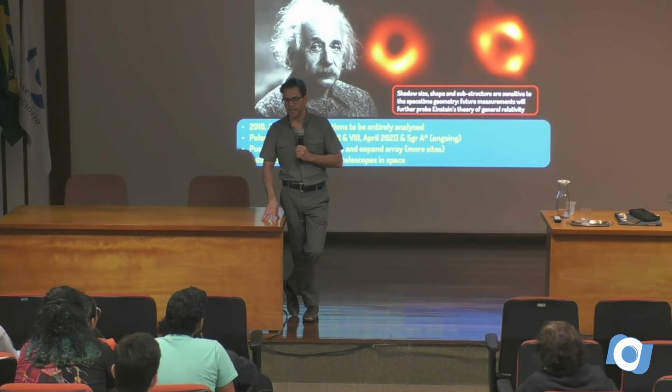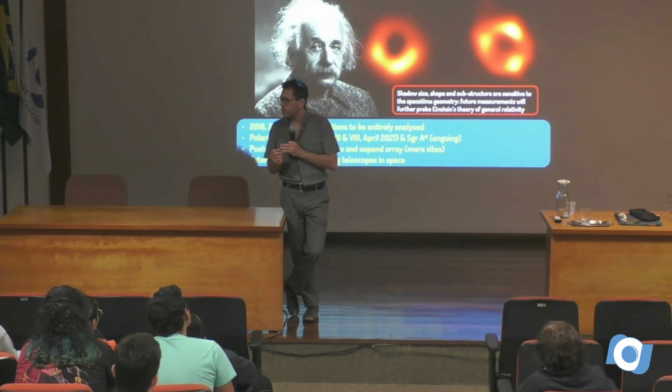I don't know if we will ever be able to resolve the binary. Actually, I didn't check the numbers for this. I don't think so for this one, because it's pretty far. But luckily, there are some candidates that we can get close enough to resolve the binary black hole. That would be amazing. Yes. So we have some candidates. These are all candidates, by the way, these binary supermassive black holes.